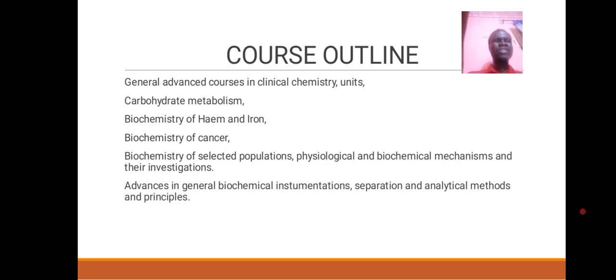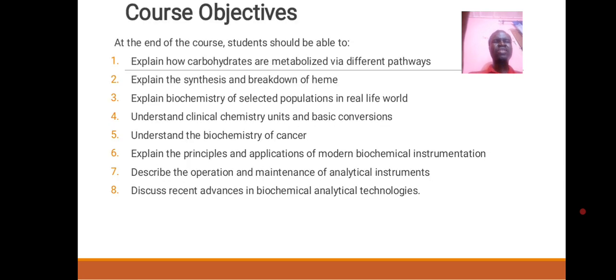By way of introducing this course, I just want us to see some of the objectives of what the course is all about. At the end of this course, as a master student of our great university, it is expected of you to know how carbohydrate is metabolized, various different pathways.